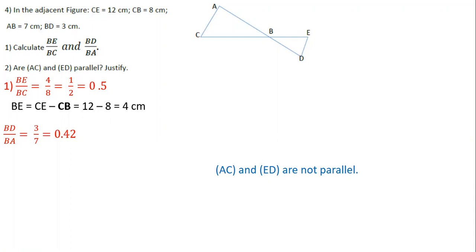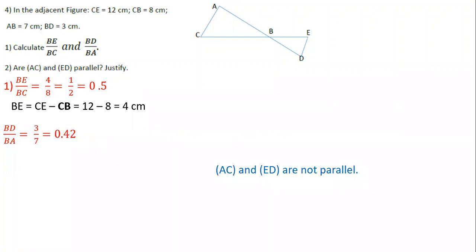Again, Thales theorem is: I have parallel lines, I can apply Thales theorem, I can write ratios. Now, I don't have parallel lines. I should prove parallel lines. So I start with the converse of Thales theorem, which is: if I can prove equal ratios, then Thales theorem is applied, then my lines would be parallel.